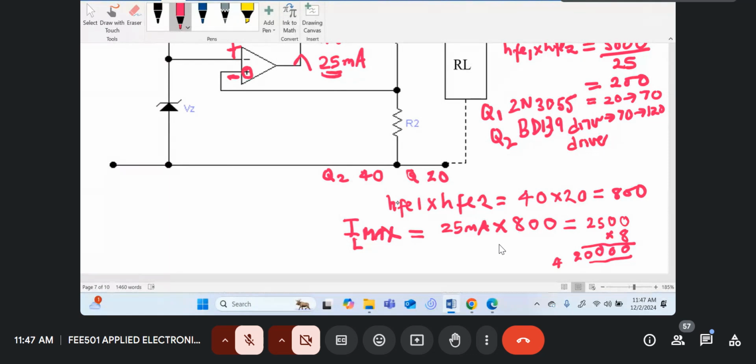So it's 20 amps. I hope I'm correct. 25 milliamps times 800 is 20,000.